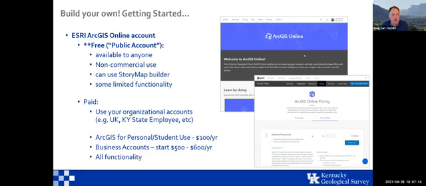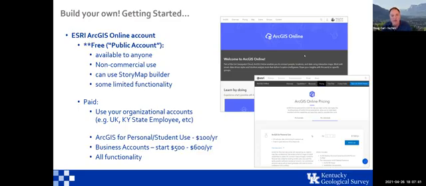You do need an ArcGIS account for building Esri story maps, which is by far, in my opinion, the easiest way to build them. If you're really good at web development, you could build them on your own. But in this context, using the Esri ArcGIS Online account is what you need. The good news is you can get a free account through ArcGIS Online.